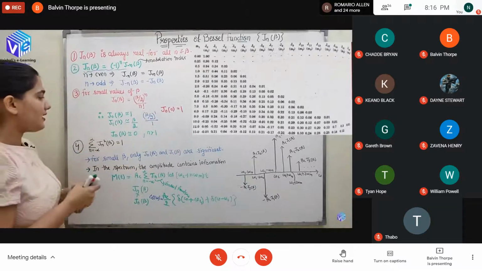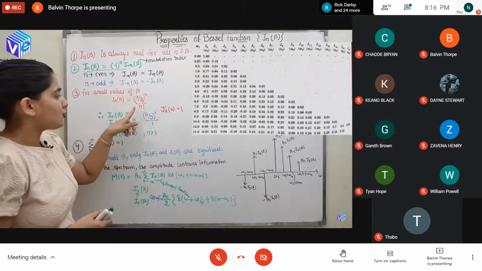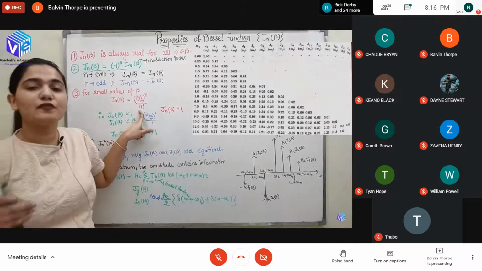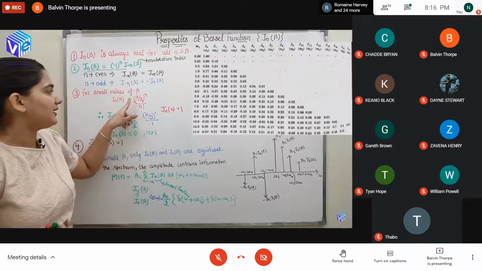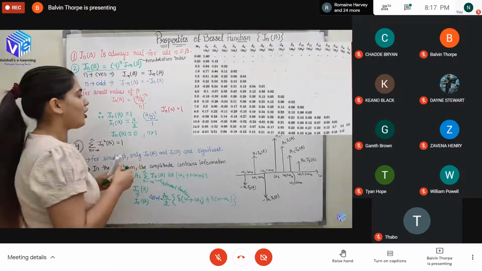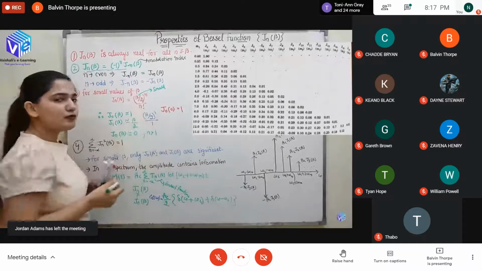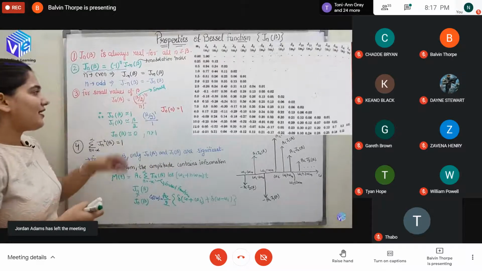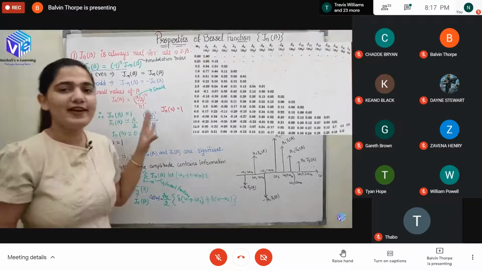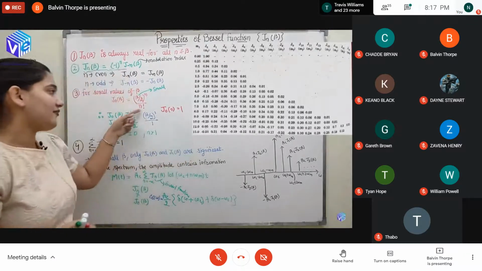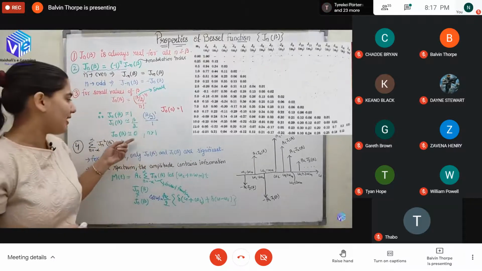Now similarly, if I put large n, this n factorial would be very large, and beta is small, so beta by 2 would be small, and if I take the nth power of a small value, it would be a small number, and if it is divided by n factorial, I'll get 0.